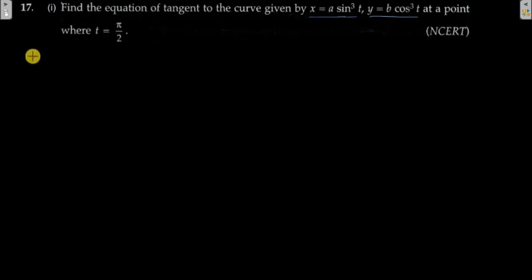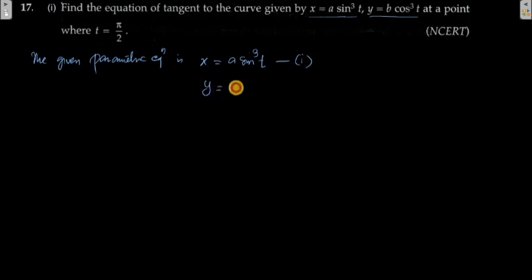So the given parametric equation is x equals a sin cube t, so you can call this 1, and another is y equals b cos cube t, and call this equation number 2.